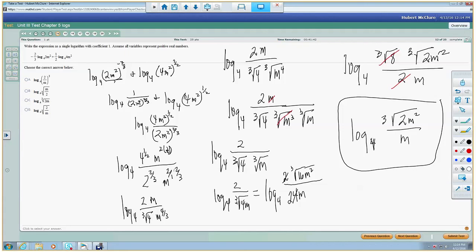Let's plug 1 in. And 1 would give us the cube root of 2 over 1, which is cube root of 2. And then log cube root of 2 over log of 4. Log cube root of what? Plug 1 in.